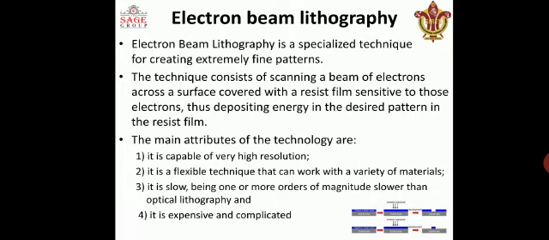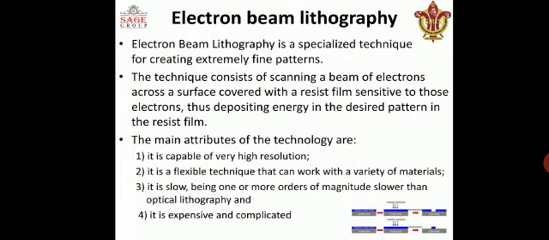The resist is removed by developing. Electron beam lithography is the principal nanofabrication technique used to create features at the nanoscale level. This technique utilizes an electron beam that scans the material and forms a desired pattern.